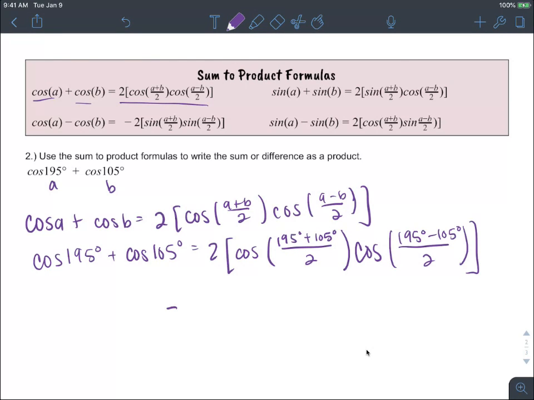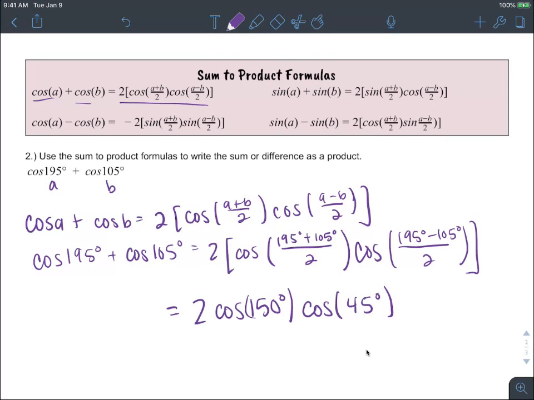Okay, we simplify to give us 2 times the cosine of 150 degrees times the cosine of 45 degrees.